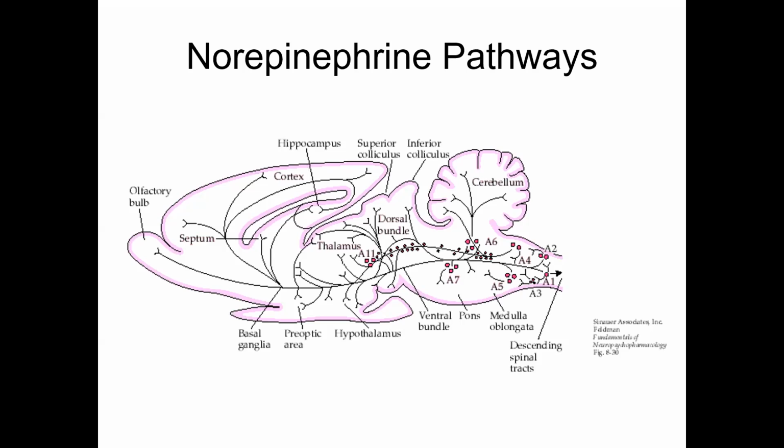So using the nomenclature of Dahlstrom and Fuchs, they used the letter A to show you catecholamine pathways.